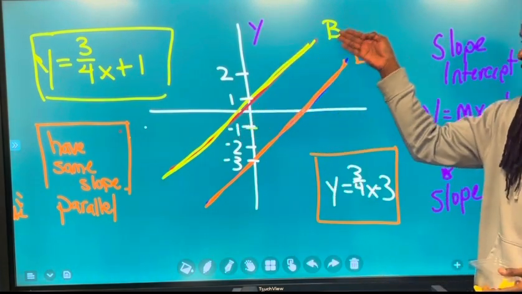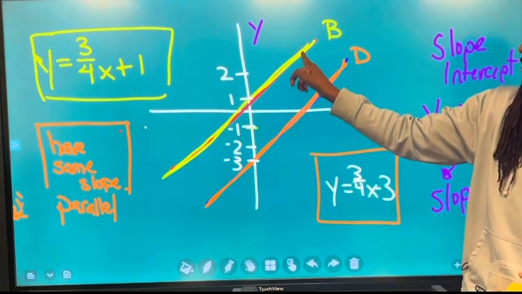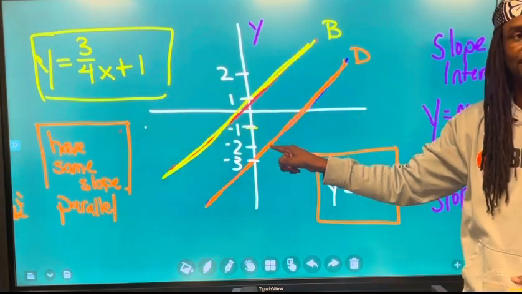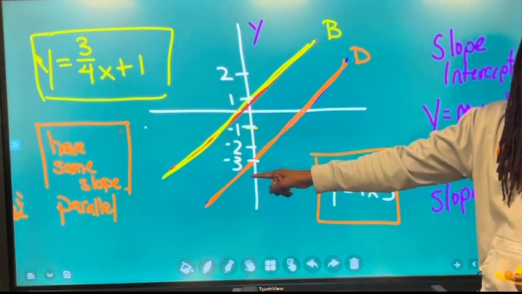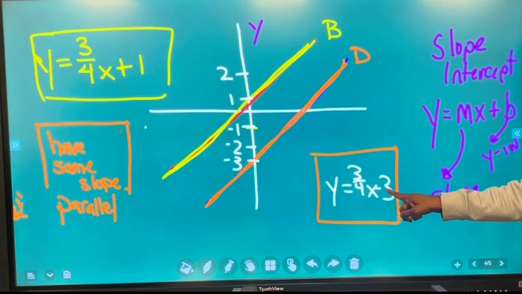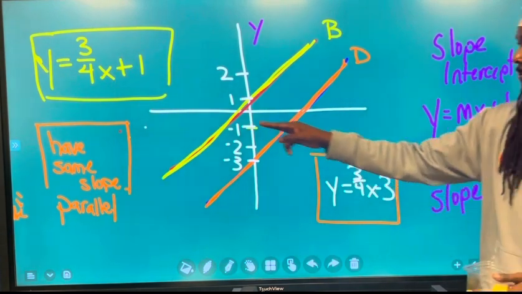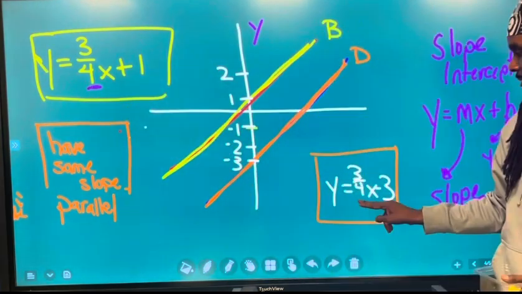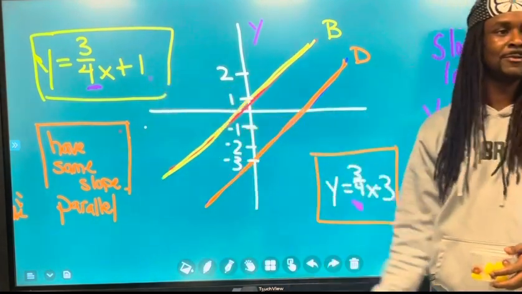As you can see, the yellow line crossed the y-axis at 1, with a slope of down 3 and over 4. The other one crosses the y-axis at -3. That's why it's 3 over 4 x minus 3. Both of these numbers are going to be the same for parallel lines. It's just the last numbers that are different.